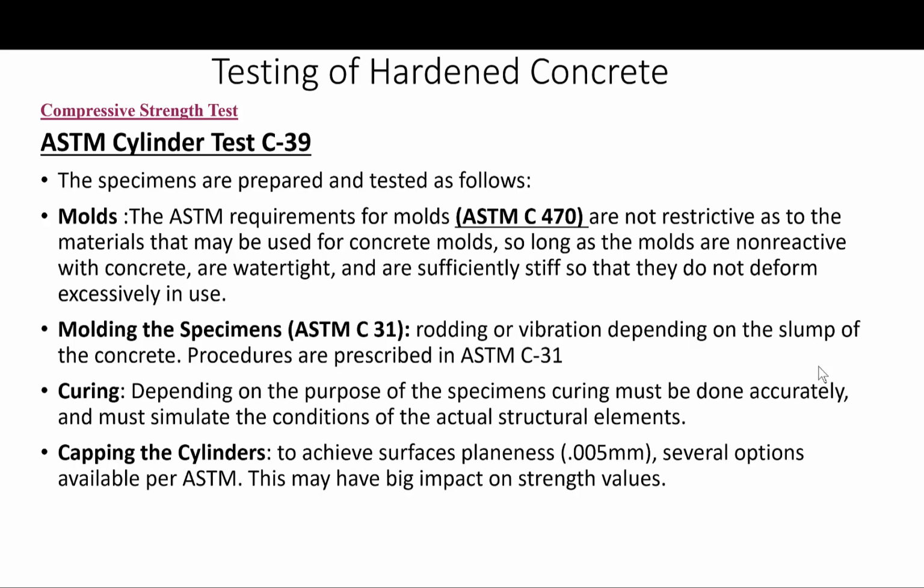So cylinders are also used for comparison with results from in-place tests and to determine the accuracy of field curing and protection of concrete. So the curing conditions of the cylinders depend on the purpose for which they were made.